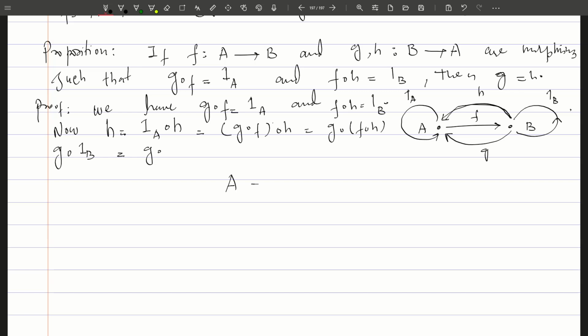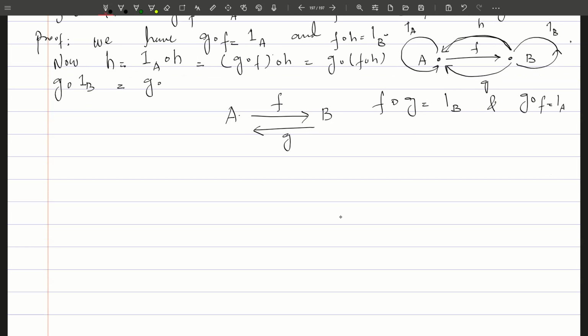If we have an object A and an object B and F is a morphism from A to B, then we call this map F an isomorphism if there is a map G from B to A such that F composite with G is the identity on B, and G composite with F is the identity map on A. Then in such case we call F an isomorphism, and we call this G the inverse of F. Now, if F is an isomorphism, with the help of this result, we can prove that its inverse is unique.